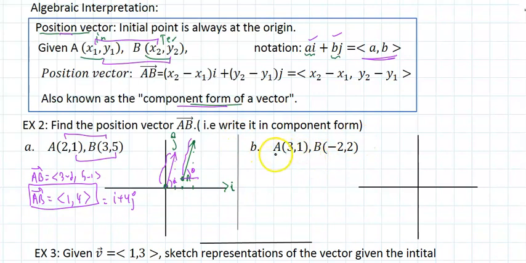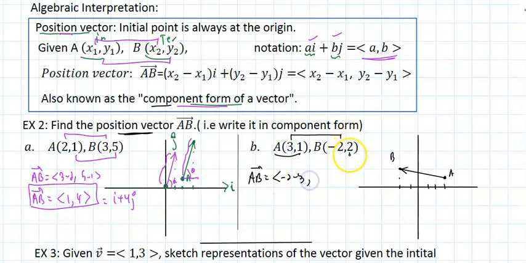So again, if I look at the point A, that's 3, 1. There's A. And B is at negative 2, 2. So if I draw my vector starting here and terminating right there, again, if I want to write this in a position vector or write it using component form, AB would be end minus beginning, negative 2 minus 3 and 2 minus 1. So AB would be negative 5, 1 or negative 5i plus j.